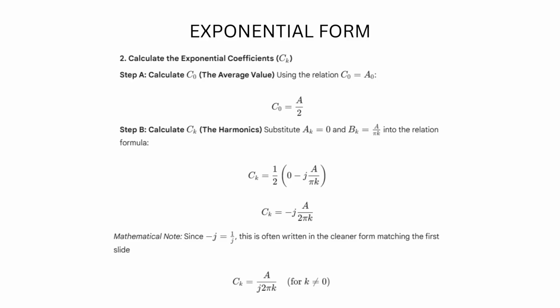C sub k is equal to negative j a over 2 pi k. Since negative j is the same as 1 over j, this is often written in a cleaner form, matching the first slide, which is c sub k equals a over j 2 pi k, for k not equal to 0.